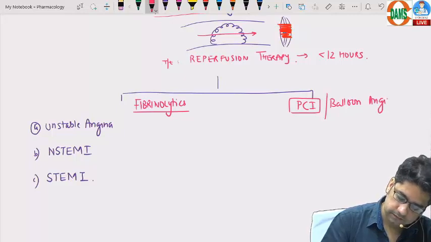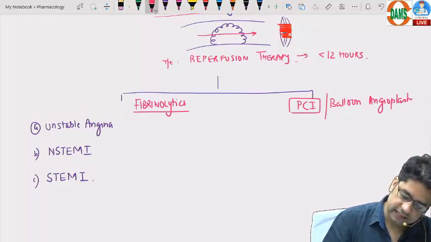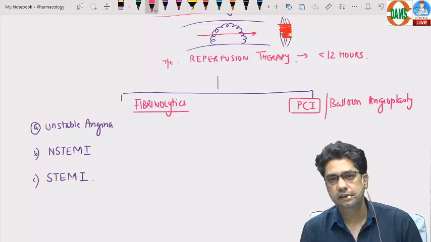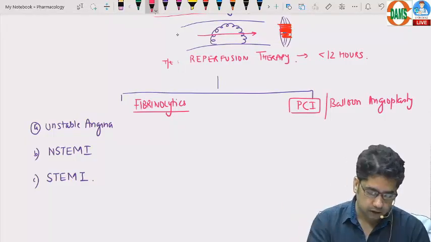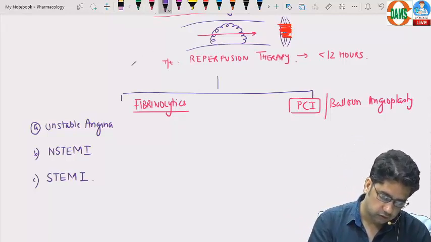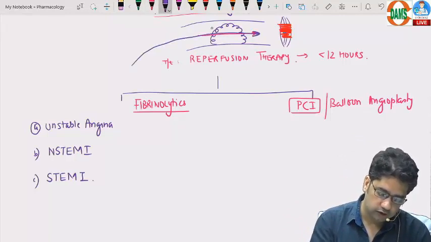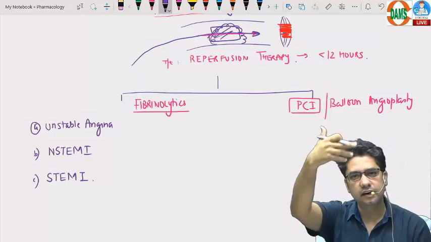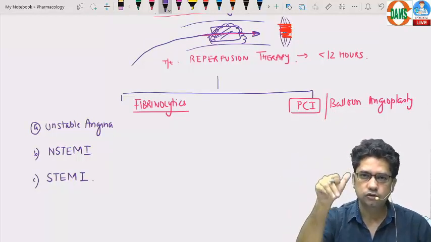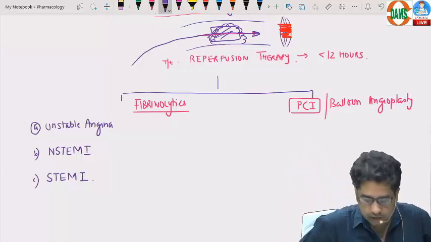Heard about this term? PCI stands for percutaneous coronary intervention. In percutaneous coronary intervention, we put a probe into the coronary artery. There is a balloon here, and we inflate the balloon to open the blockage.